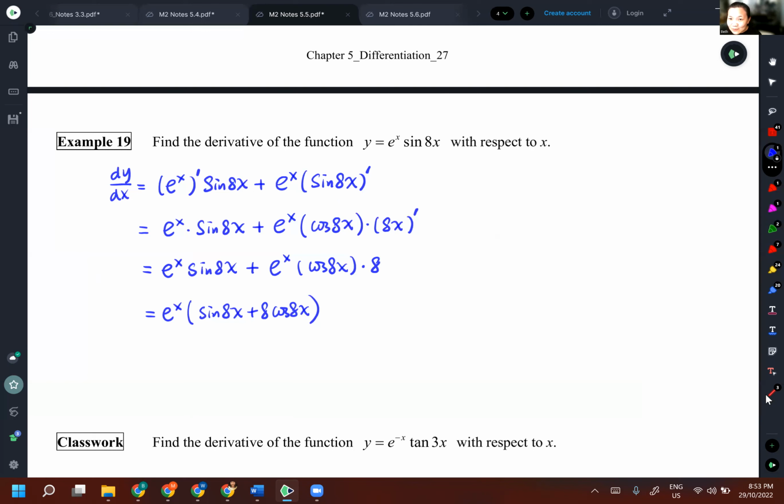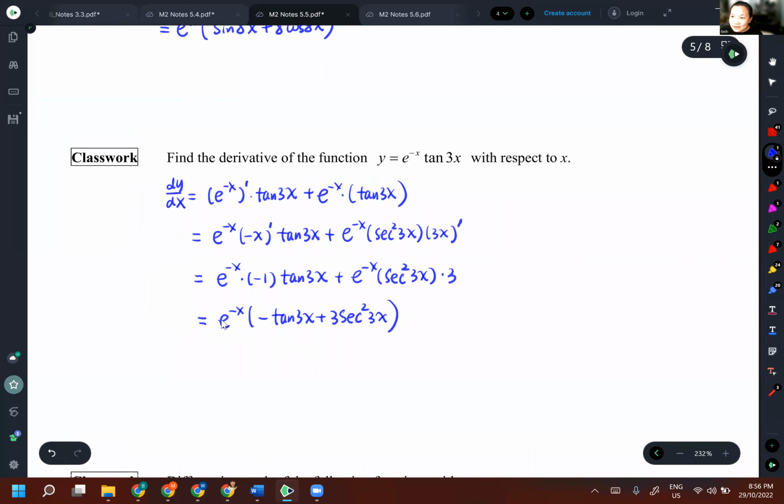Did you not listen to me about separating the two kinds of functions in your final answer? Your final answer, e to the power x, should be just one factor, and then the other factor is a trigonometry. Okay? You take out e to the power x. Sorry, e to the power negative x.